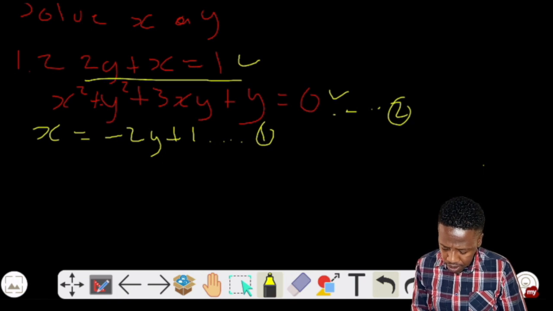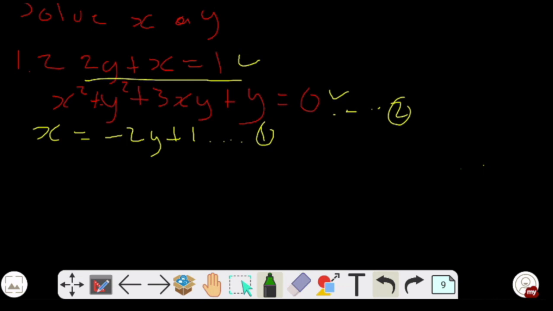And your next step is try to substitute wherever you see your x into equation 1, right?